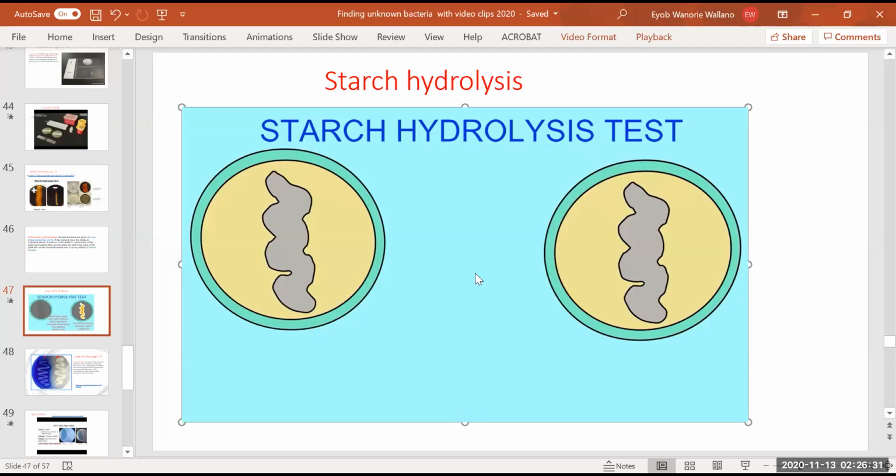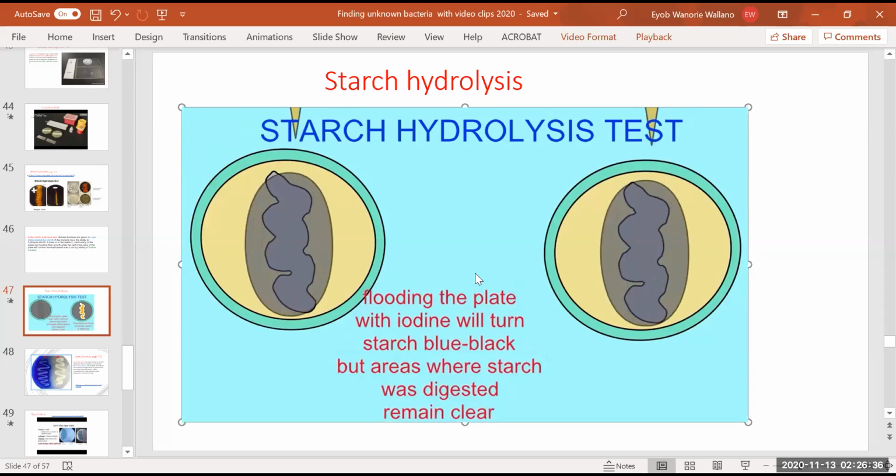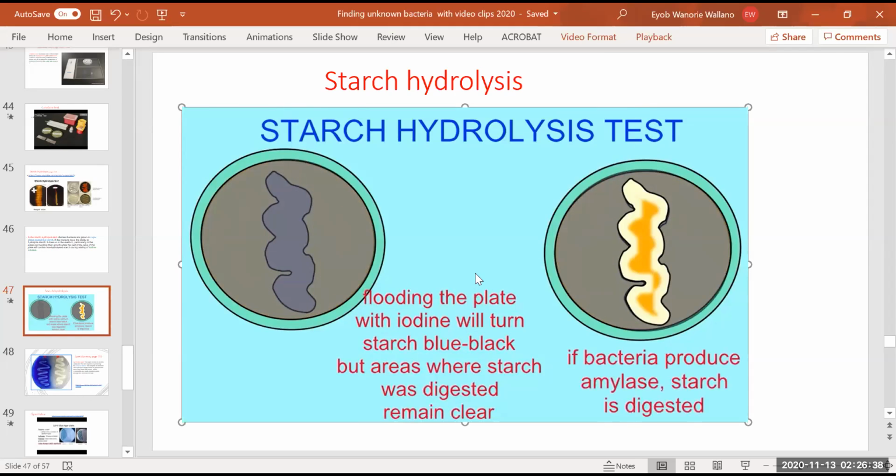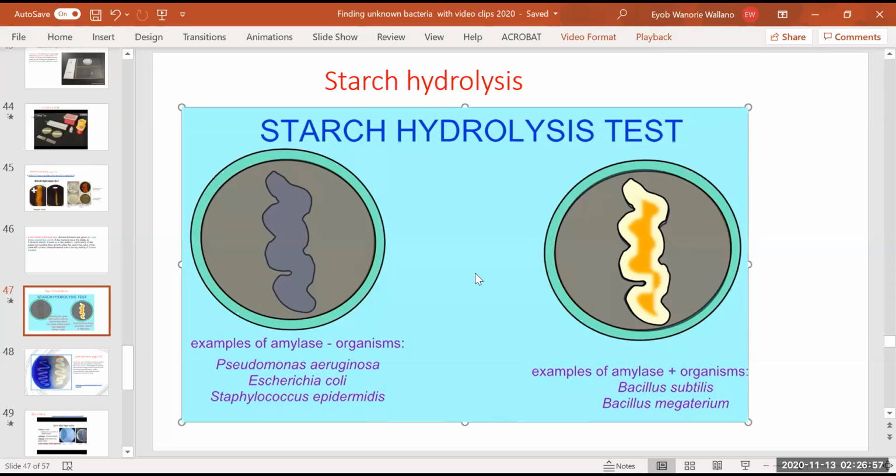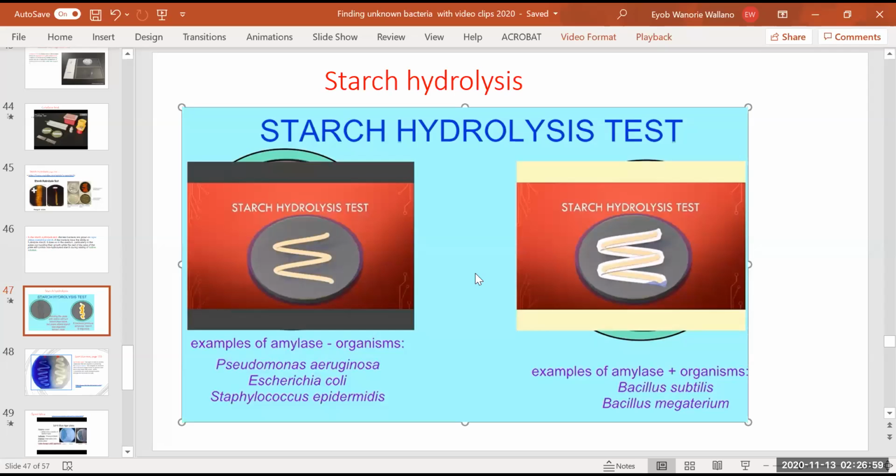When the plates are then flooded with iodine, the iodine will convert the starch to a blue-black color. If bacteria produce amylase, the area around the bacteria will not turn blue-black because the starch is no longer present. It has been digested, and it will be clear instead. So a clear zone around the bacteria indicates that the bacteria make the enzyme amylase. They are amylase positive.